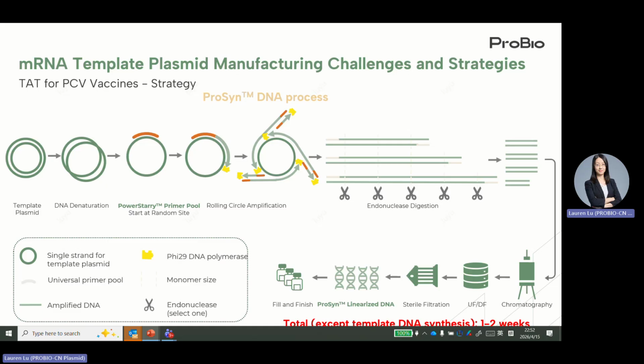So pursuing cell-free technology enables production of linearized DNA with an easier protocol and at a faster speed. Turnaround time of the process can be as fast as 3 weeks, including gene synthesis, RCA, linearized DNA purification, and release, while it takes at least 5 weeks for the E. coli process.